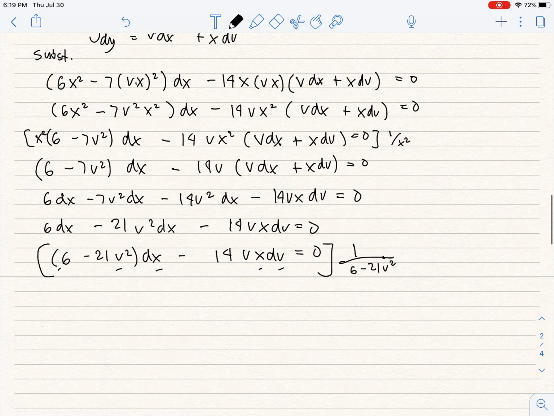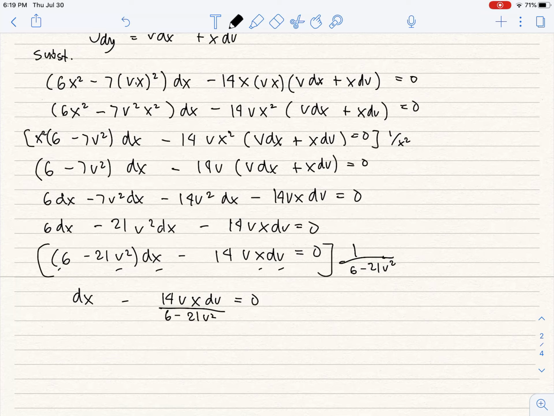So this is now dx minus 14vx dv equal to 0, all over 6 minus 21v squared.